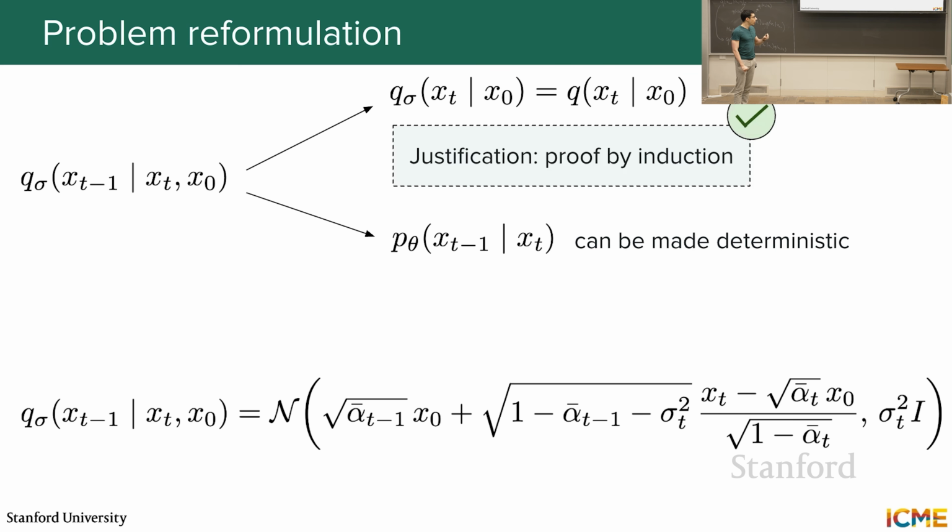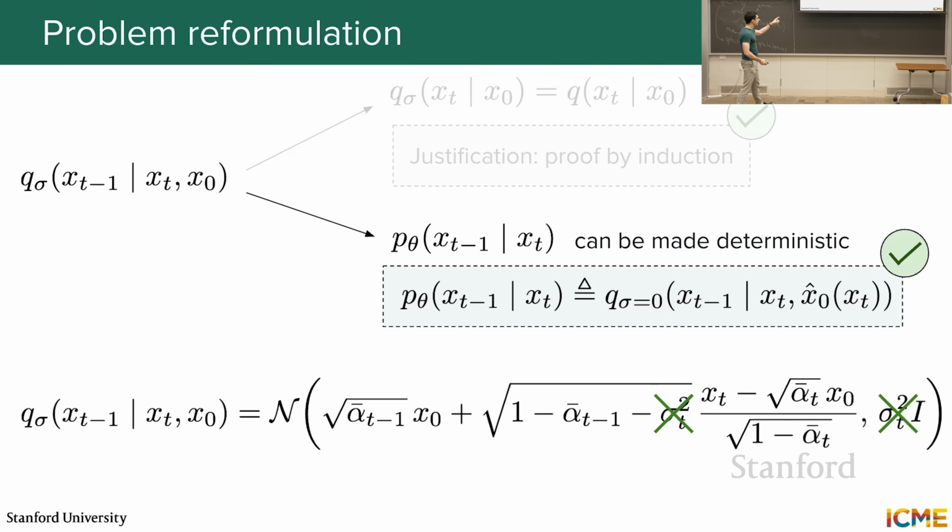And when you set sigma to 0, you can see that this term becomes just a mean with 0 variance. So you can link xt minus 1 to xt with no stochasticity.